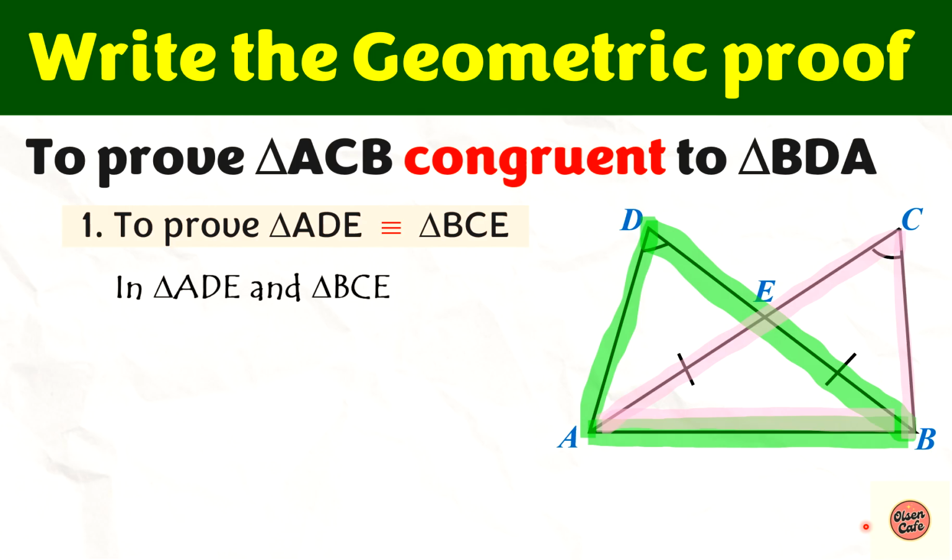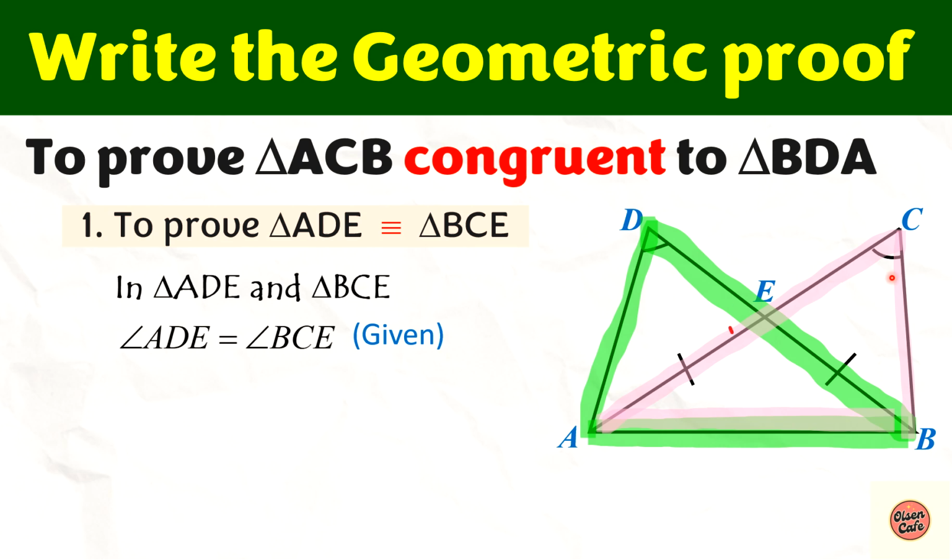In triangle ADE and triangle BCE, we notice that angle ADE and angle BCE are given to be the same. So I'm going to state the reason that these two angles are given. Now, what else do we know?